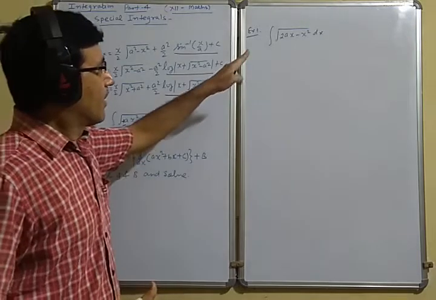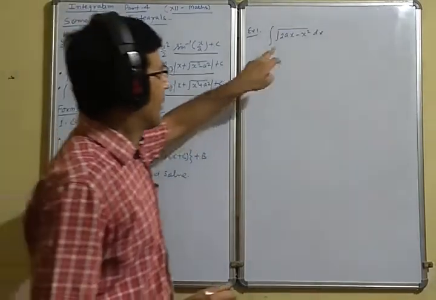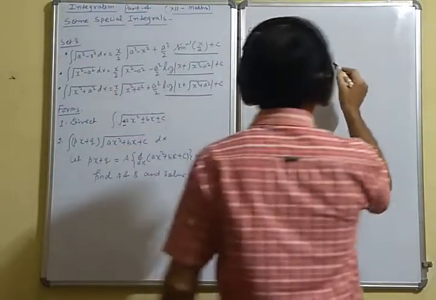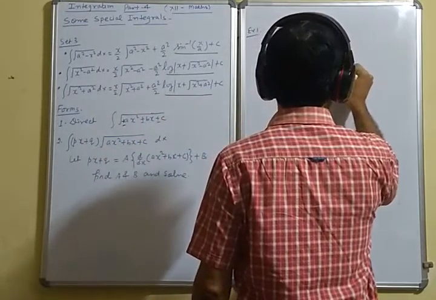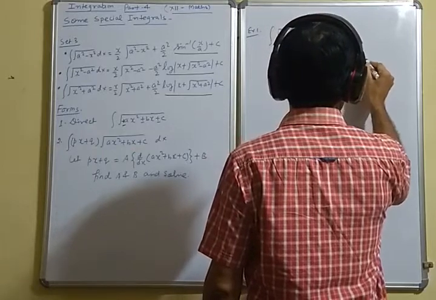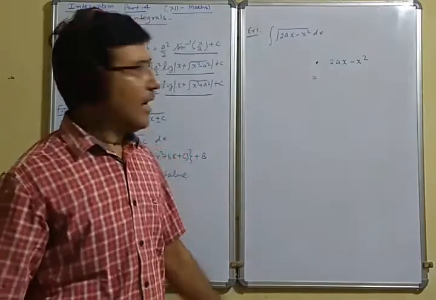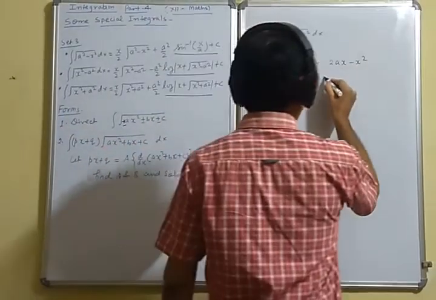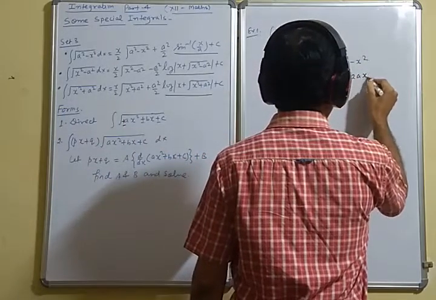This is our first example based on the direct form, under root 2ax minus x square. First we have to convert it into the form. Now the coefficient of the higher order term is negative, so take minus 1 common: minus bracket x square minus 2ax.